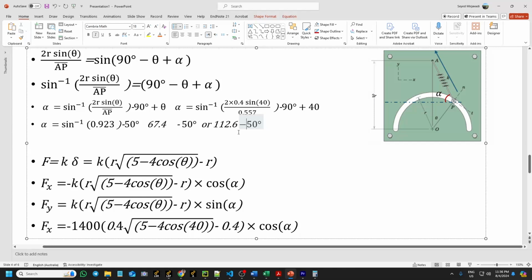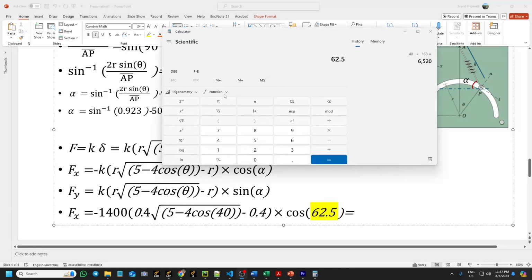So here alpha will be 62.5, and here it will be 70.4. If you consider this as an answer, we'll also change this, 62.5 for alpha here.